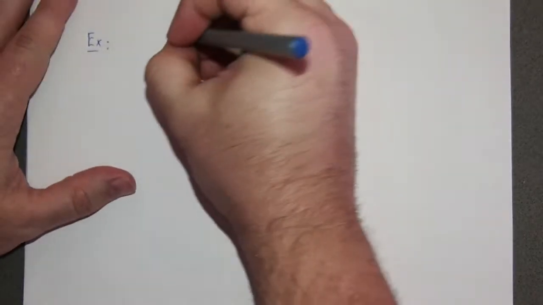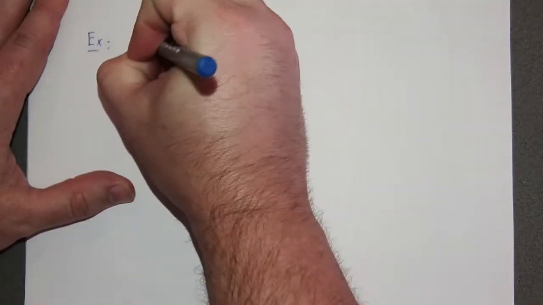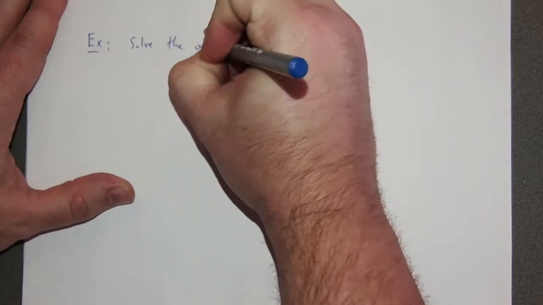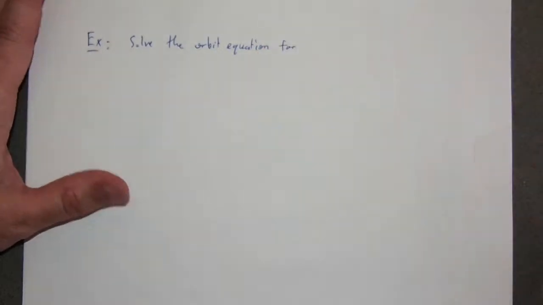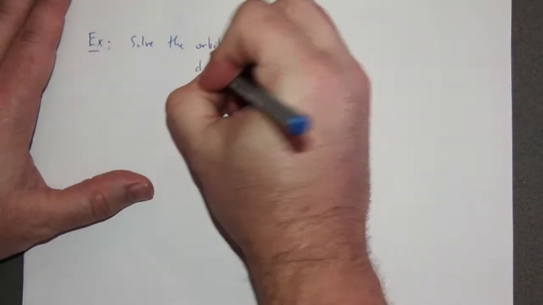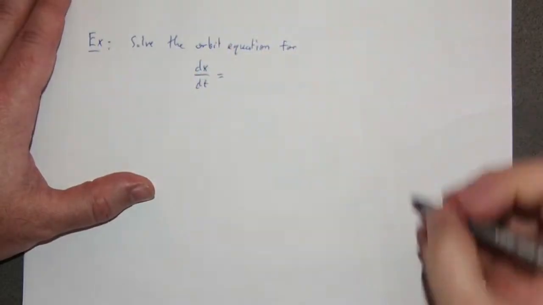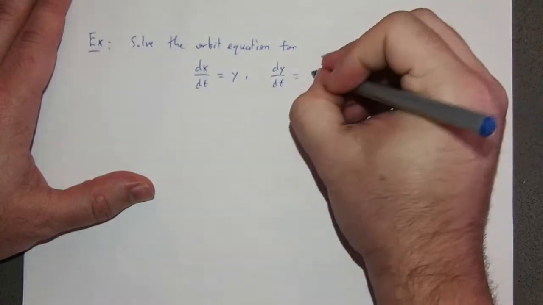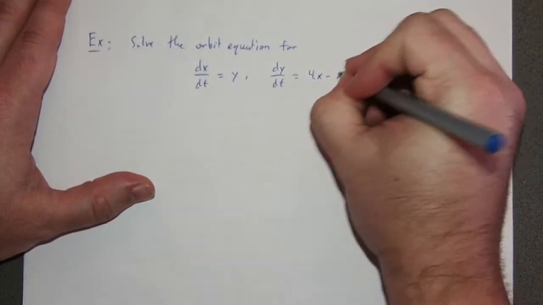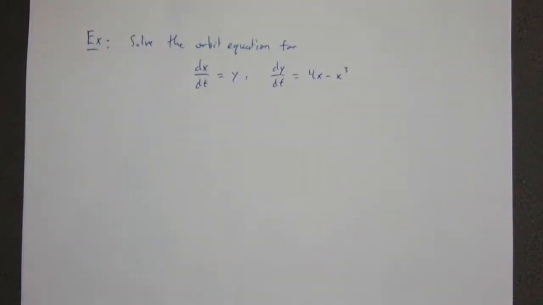Here's a quick example. Solve the orbit equation for the system dx/dt is equal to y, and dy/dt is equal to 4x minus x cubed. So we've used this example a couple times now.